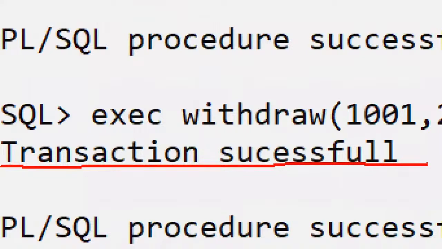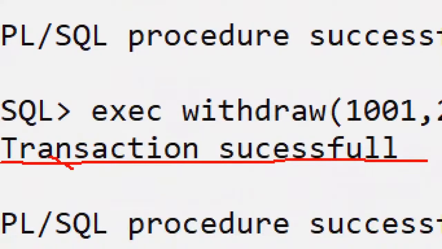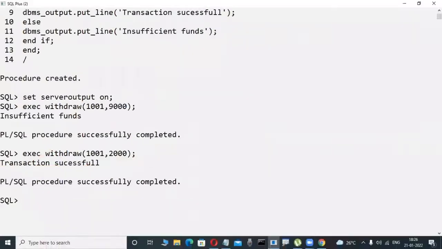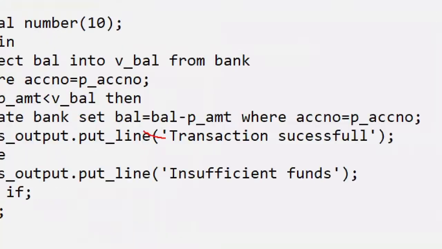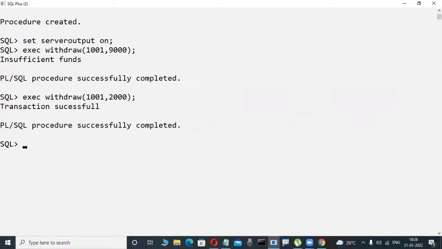You try to withdraw 2,000 rupees from 3,000 rupees, it's possible, so transaction is successful. How is it possible? Here I'm writing coding. Now it is really affected in the table, compulsorily in the database, then only your banking system is okay, so now successful.